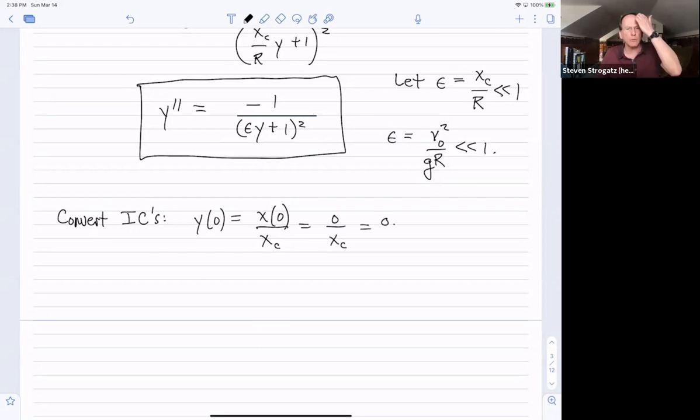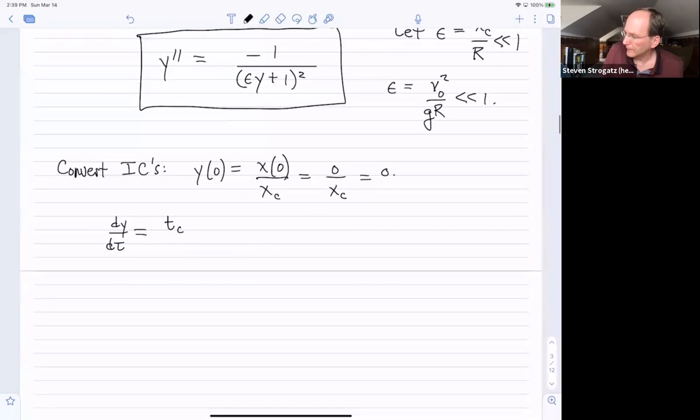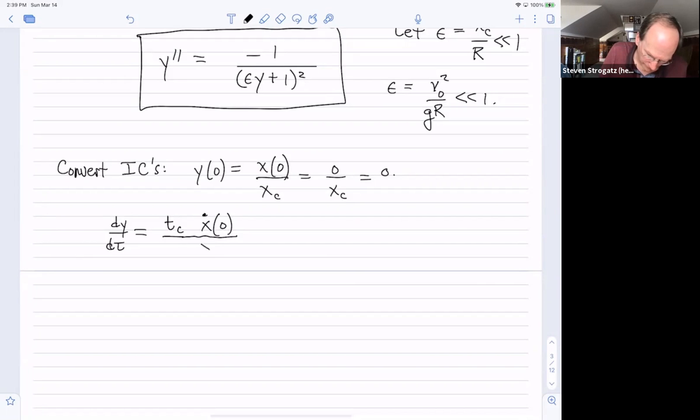So we're starting at y equals 0, and the initial velocity in this dimensionless setup, dy d tau at tau equals 0, that would be tc over, well, x dot at time 0 over xc.